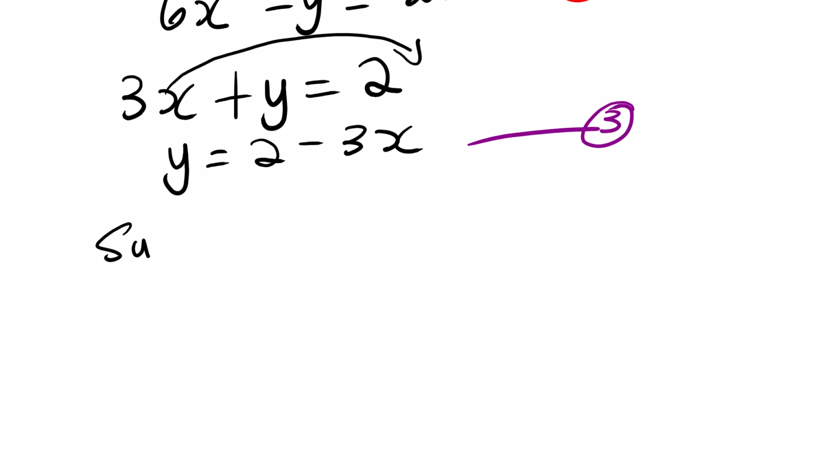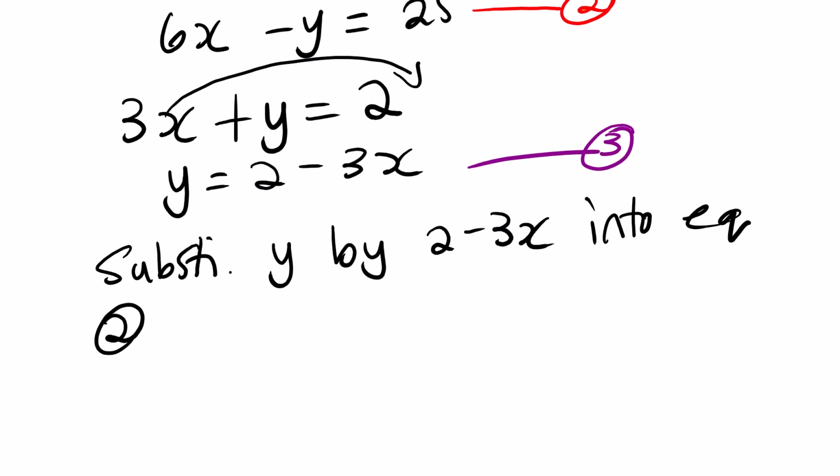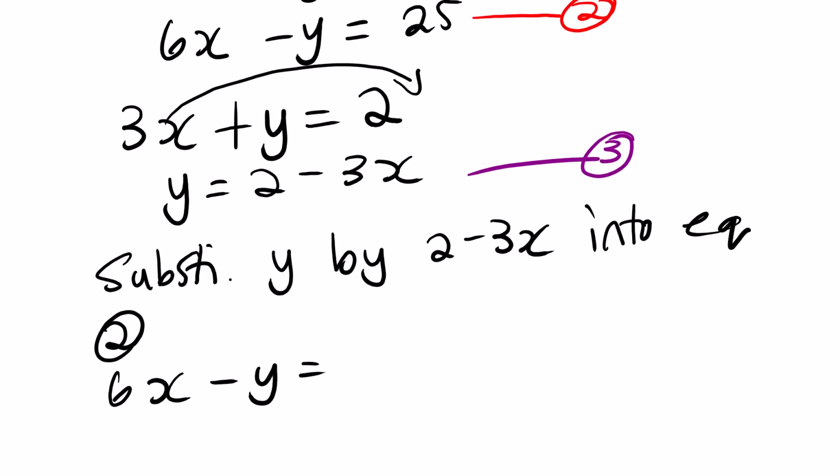From there, substitute y by 2 minus 3x into equation 2. Equation 2 is 6x minus y equals, what is it?